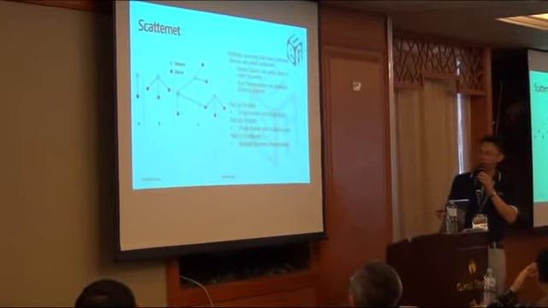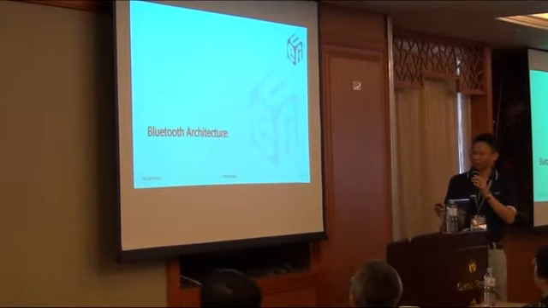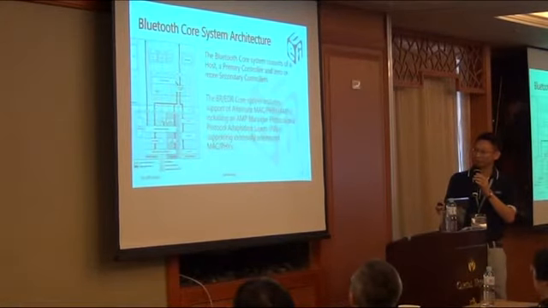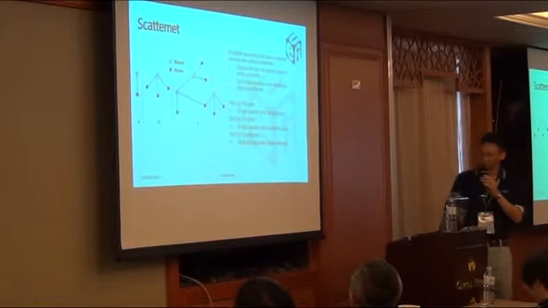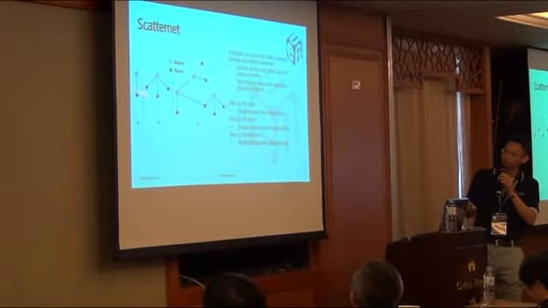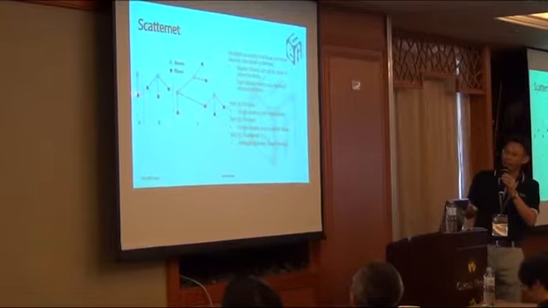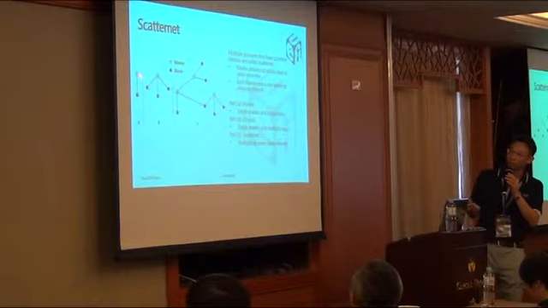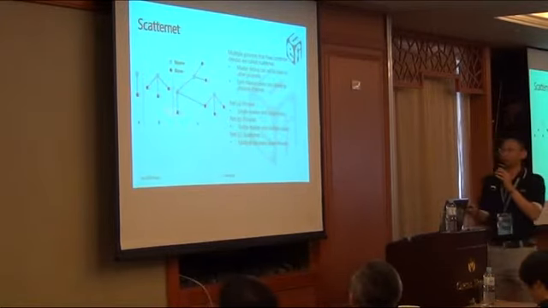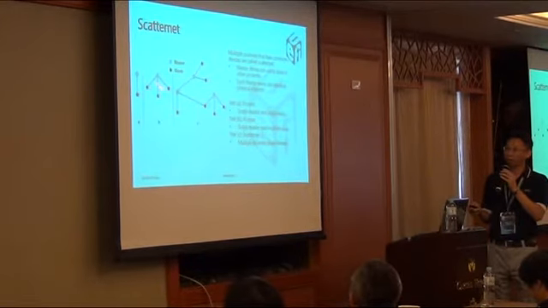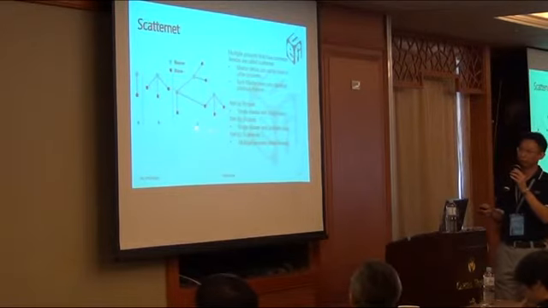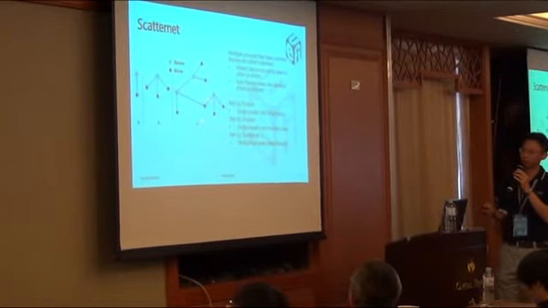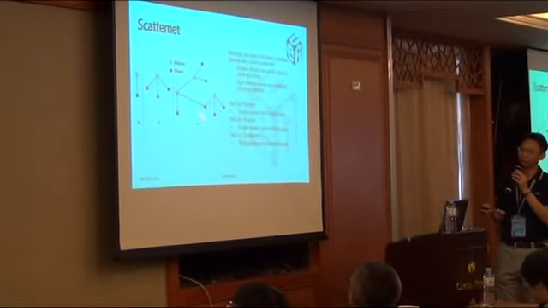For the Piconet here, I show you 3 pictures. The first one, Piconet A, is a single master with a single slave. The blue dot represents the master, and the black dot represents the slave. In Piconet B, there's a single master with 3 slave devices. And the third one is a scatternet.